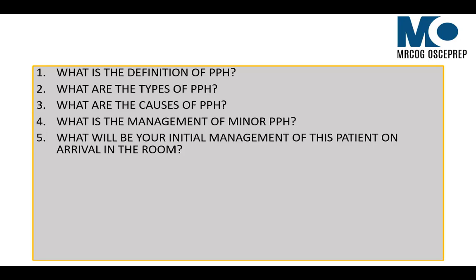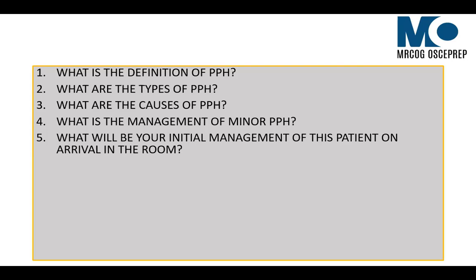I will see the airway, breathing and circulation, and I will give oxygen 15 liters by mask, and I will pass 2 IV cannula of 14 gauge, and I will start giving fluids, which is 2 liters isotonic crystalloid, followed by 1.5 liters colloid, and I will rub up the uterine fundus, and I will empty the bladder, and I will give oxytocin 5 international units slow IV, followed by ergometrine 0.5 milligram.